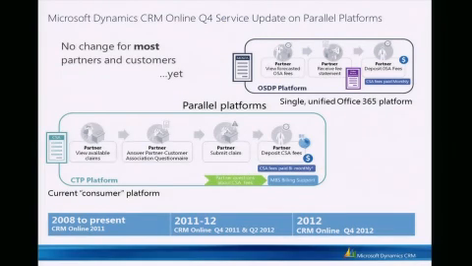For customers meeting a certain size and requirements criteria, you'll be able to onboard them to the OSDP platform starting in late 2011. 1 year from that, in 2012, we'll make a switch to move all of our partners and customers over to the OSDP platform, where you'll be able to take advantage of those single sign-on and unified Office 365 capabilities around a single customer and transaction management platform.